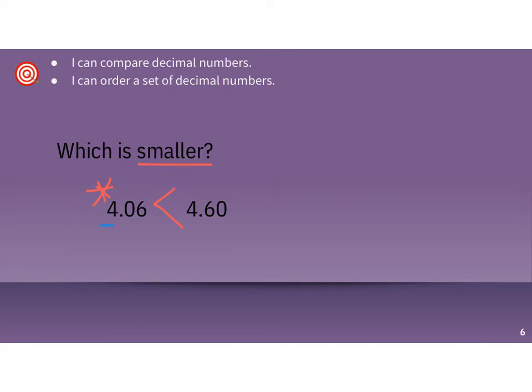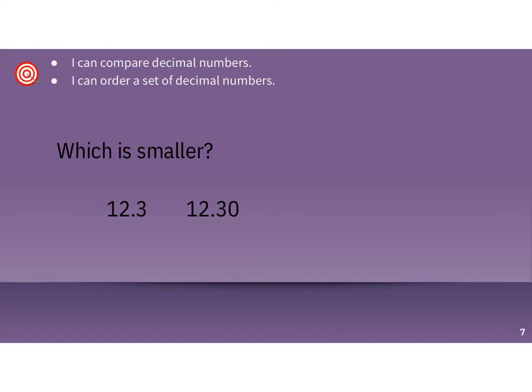Same strategy, they both have 4 in the ones place. Moving over to the tenths, I have 0 tenths versus 6 tenths. Or if I think of this number up to the hundredths, I have 6 hundredths versus 60 hundredths. 6 hundredths would be less than or smaller than 60 hundredths.